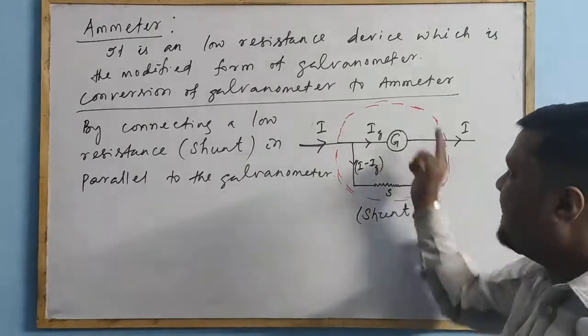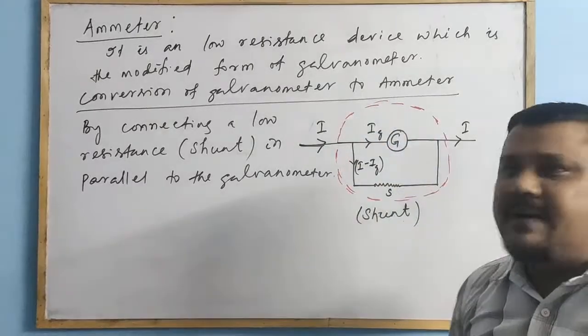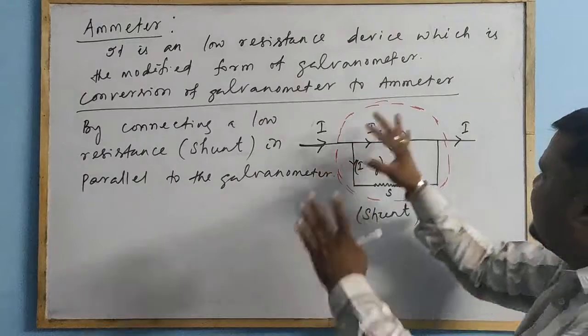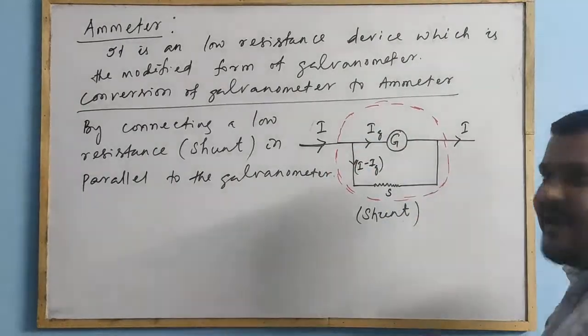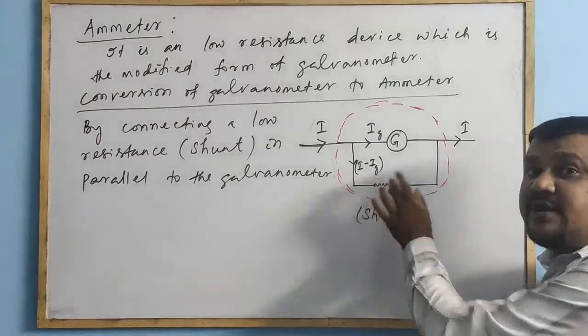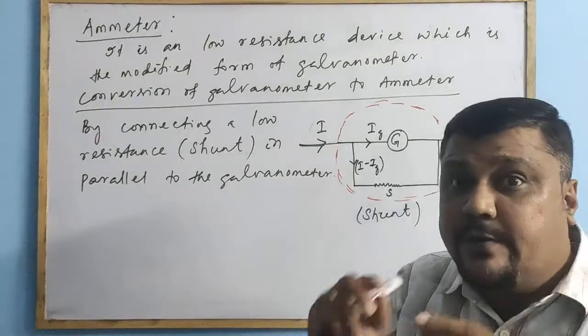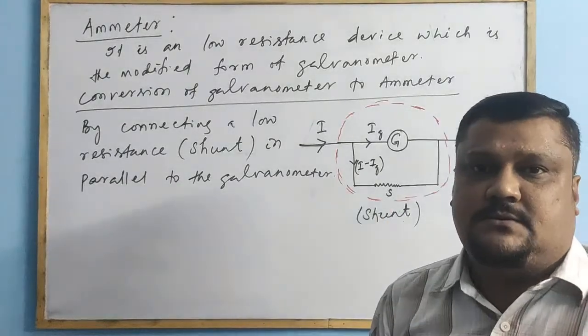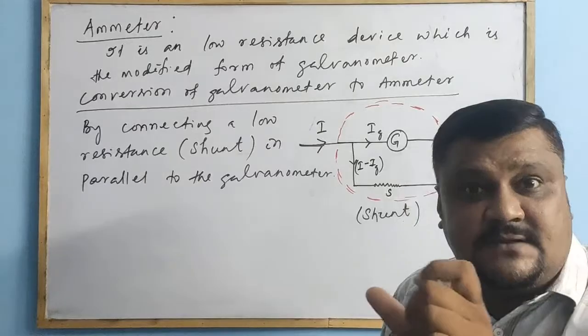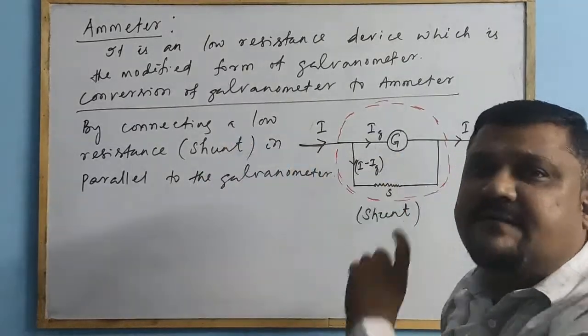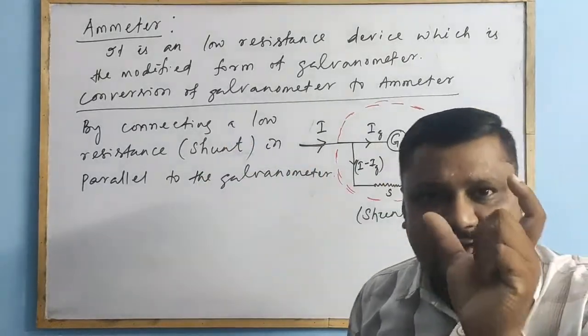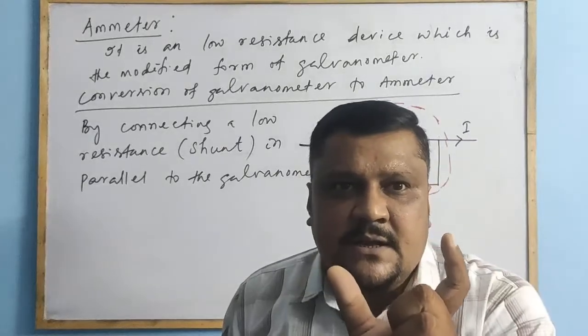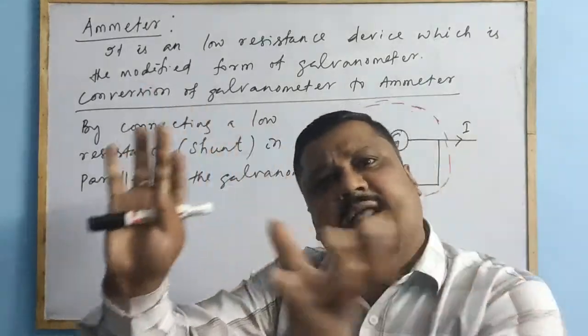So now we calculate the resistance of this galvanometer after converting it. This shunt resistance is a very small resistance, and how can you arrange the value of S to measure a particular range of current? Because we use ammeters for different ranges, the ammeters are also different.